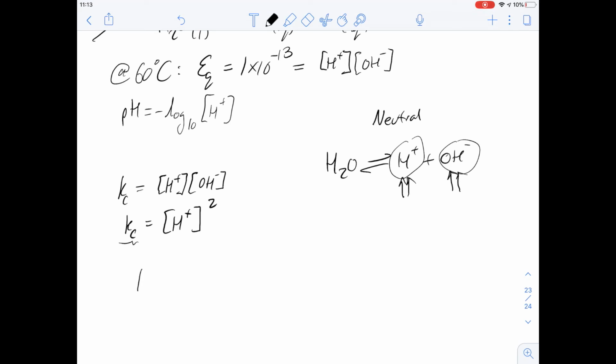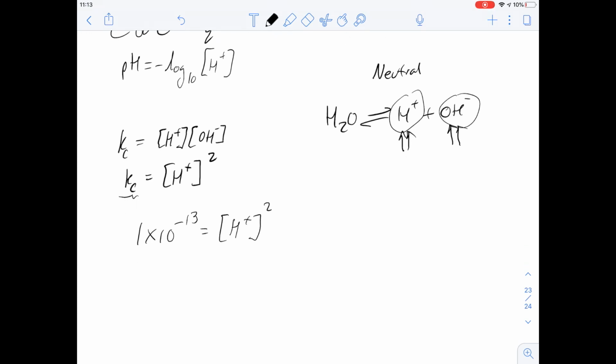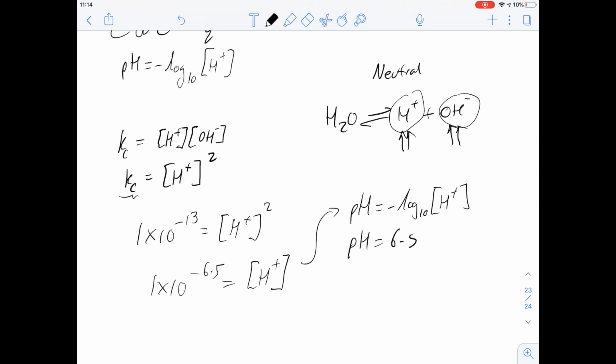So if we know that 1 times 10 to the minus 13 is going to be the concentration of the hydrogen ion squared, we can then divide the indices essentially by 2, and we get 1 times 10 to the minus 6.5 as the concentration of the hydrogen ions. If we plug that into our equation for pH, which is going to be minus log base 10 of the hydrogen ion concentration, that gives us a pH of 6.5, which is less than 7, and so that tells us the answer in this case is going to be A.